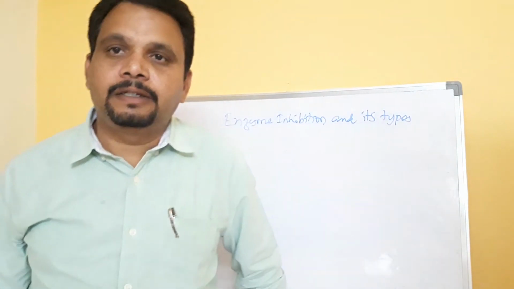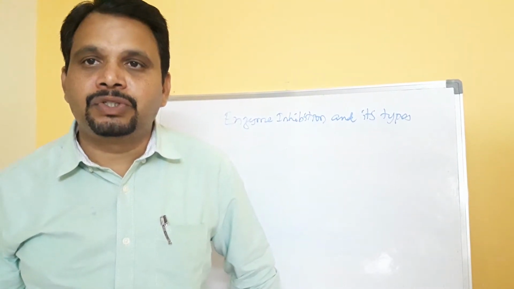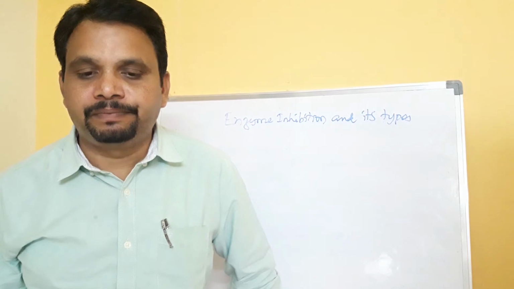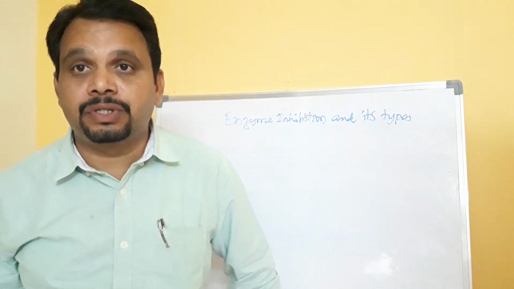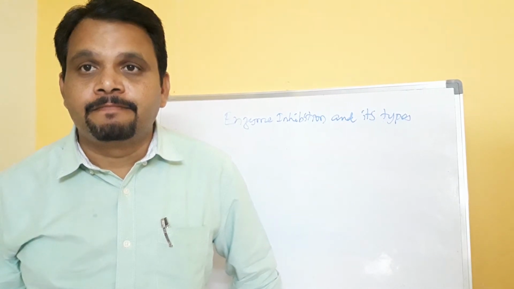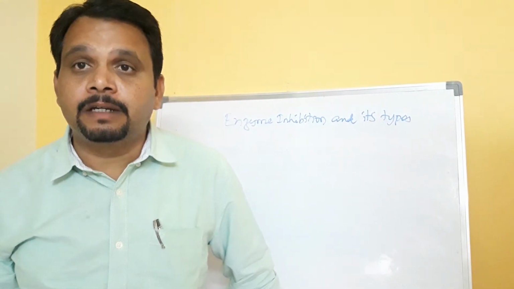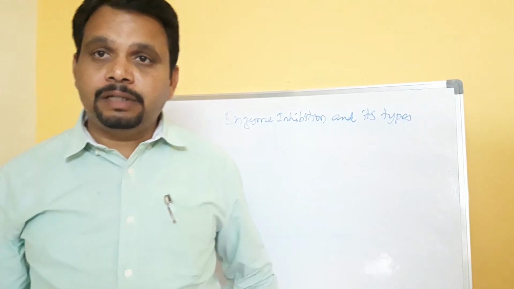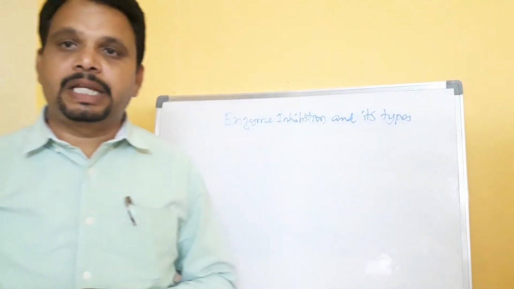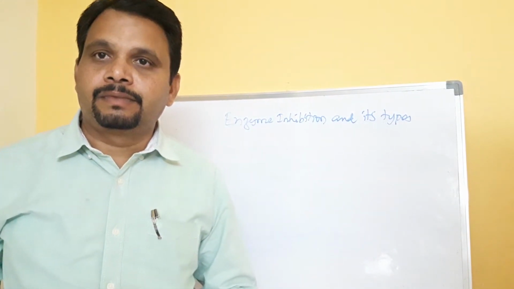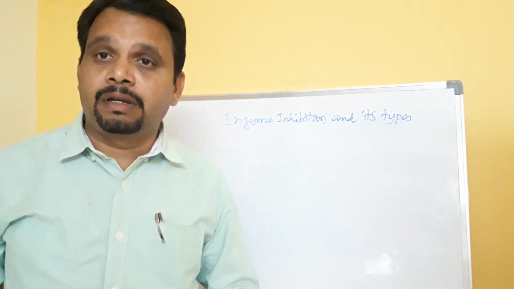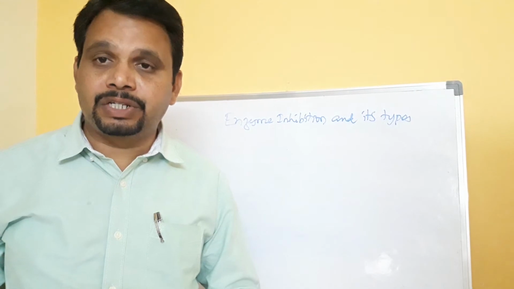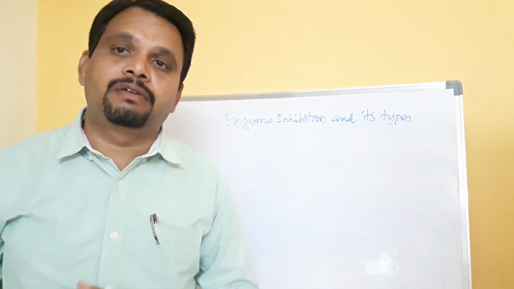So you already know about enzymes. Enzymes are biological catalysts. They can reduce the activation energy so that it accelerates the rate of the biochemical reactions which are occurring inside our body.